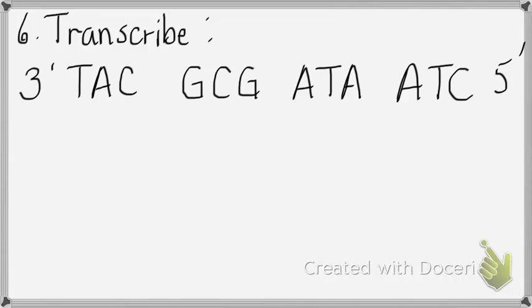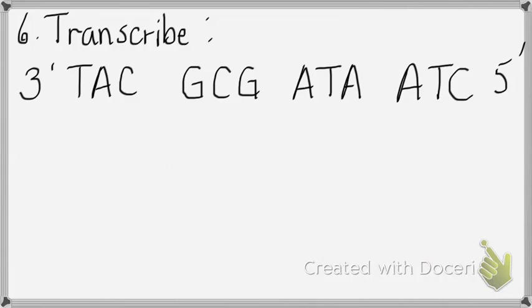Okay, so number 6 wanted you to be able to take a piece of DNA and give me messenger RNA. So I thought, let's just practice. I put a little piece of DNA up here. How do you know what I have up here is DNA? Because of the T's. And how do you know what I want you to do is give me RNA? Transcribe. The word transcribe tells you that I want you to make RNA.